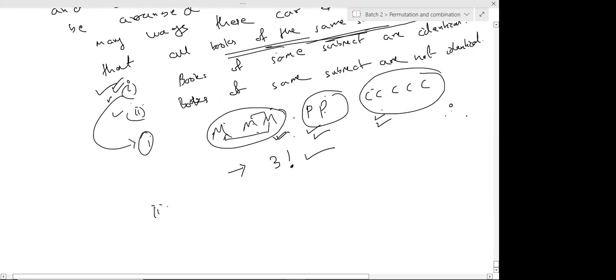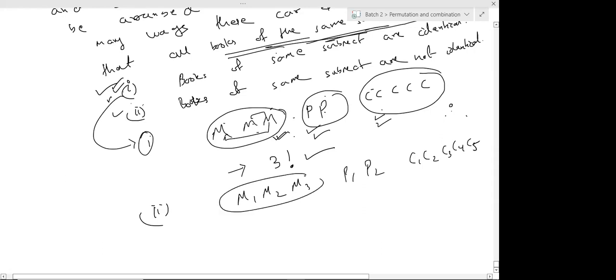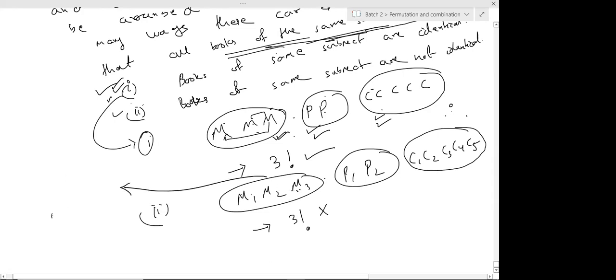But suppose in the second part, where even the books are different, and you make bundles. Now also three things to be arranged, so 3 factorial. But here the three mathematics books can be arranged internally also, right? In this bundle, these books are also to be arranged.